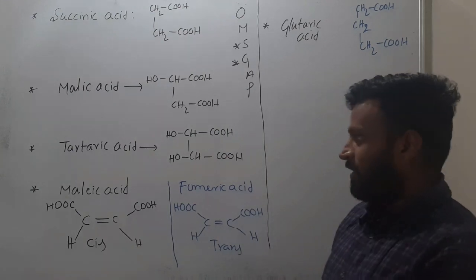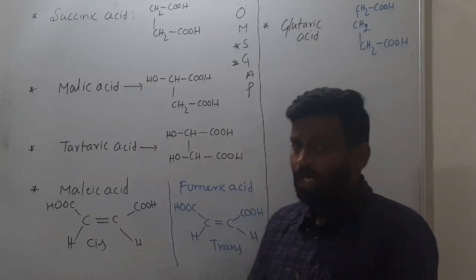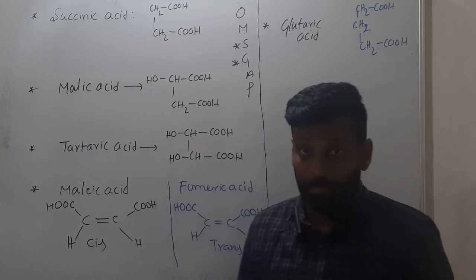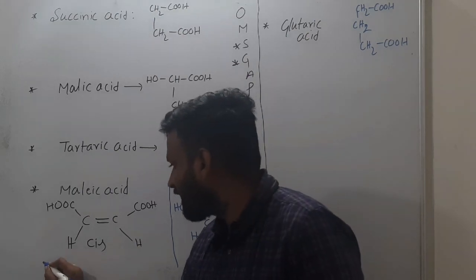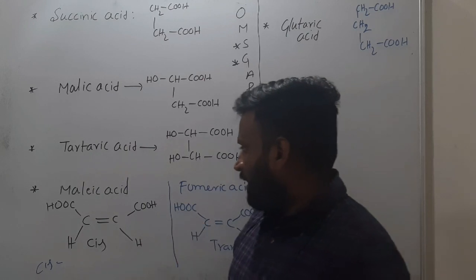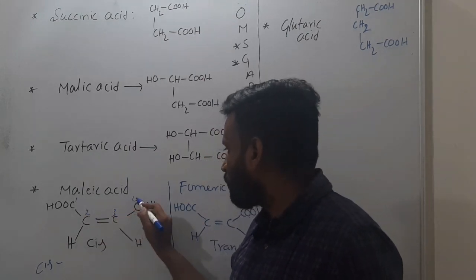If you want IUPAC names, how will they ask questions? What is the IUPAC name of maleic acid? Maleic acid IUPAC name, they'll ask like that. Then you have to use cis. And when they are asking the IUPAC name, you have to give numbering 1, 2, 3, 4.